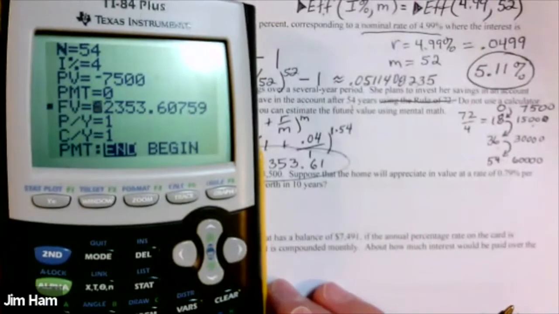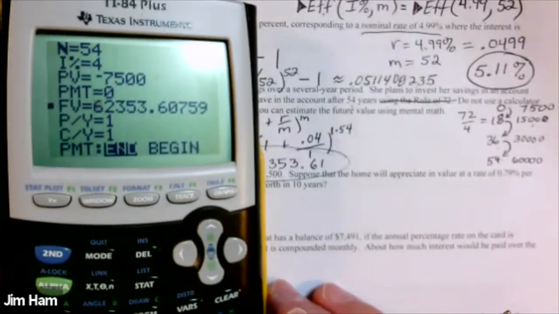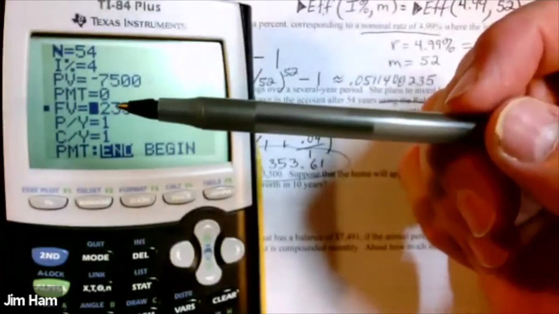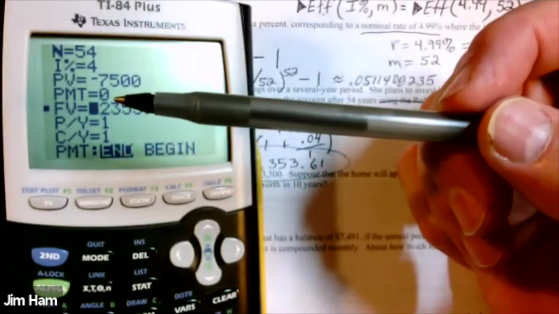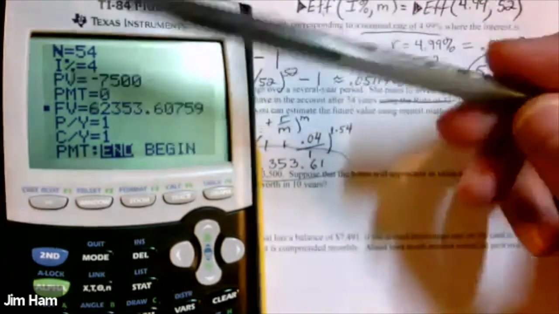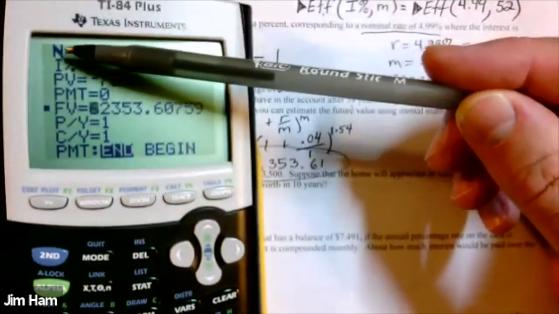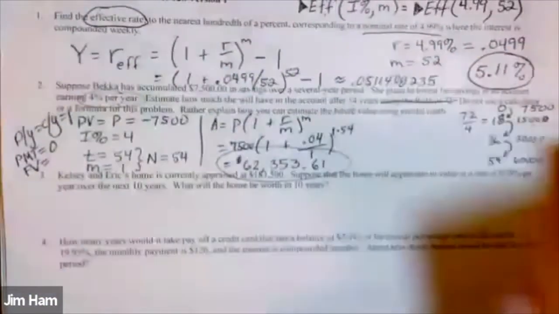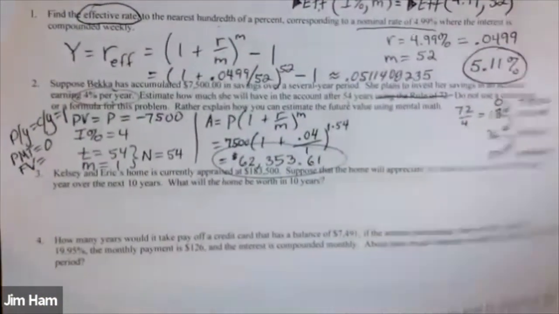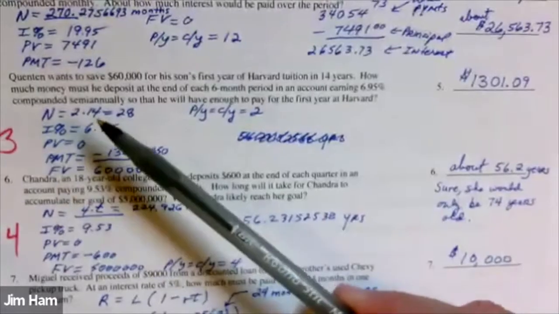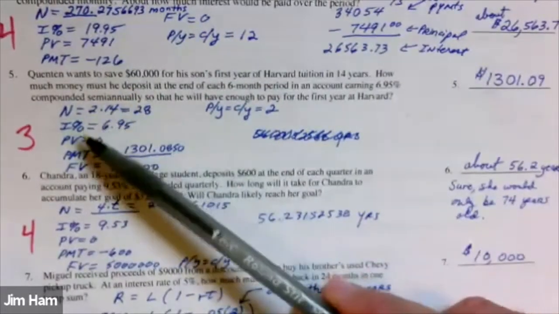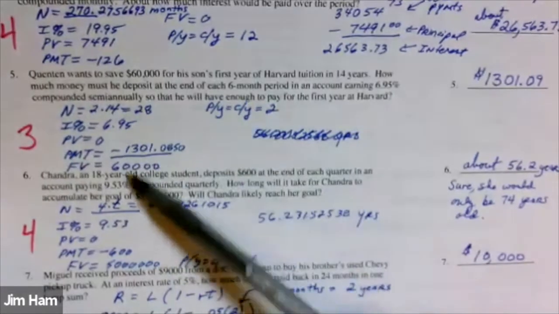If you use the TVM solver, and you'll use the TVM solver in many of these problems, sometimes multiple times, I'm going to ask you to tell me what each of the inputs are. So the work for the problem, and you can see it, is the kind of work that I expect in the solution of this sample exam, where it lists all the TVM solver inputs and what you typed in.